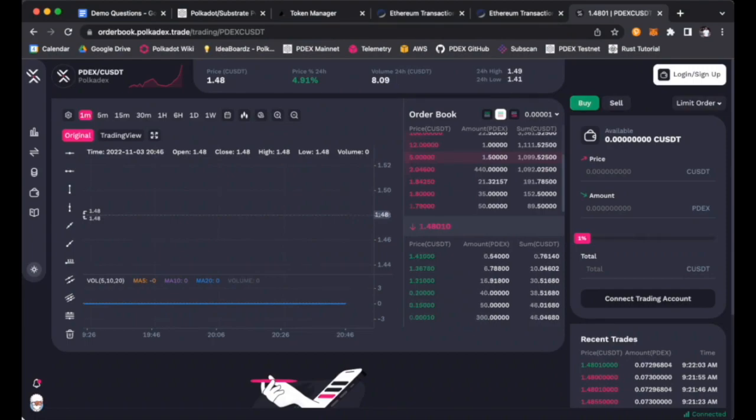The first thing to remember is, when you're placing orders on the Polkadex Orderbook, whether buy orders or sell orders, there's no transaction fee. So literally anyone can create any number of orders and cancel them before they get matched, thereby spamming the system, causing latency issues and delays to honest traders, right?